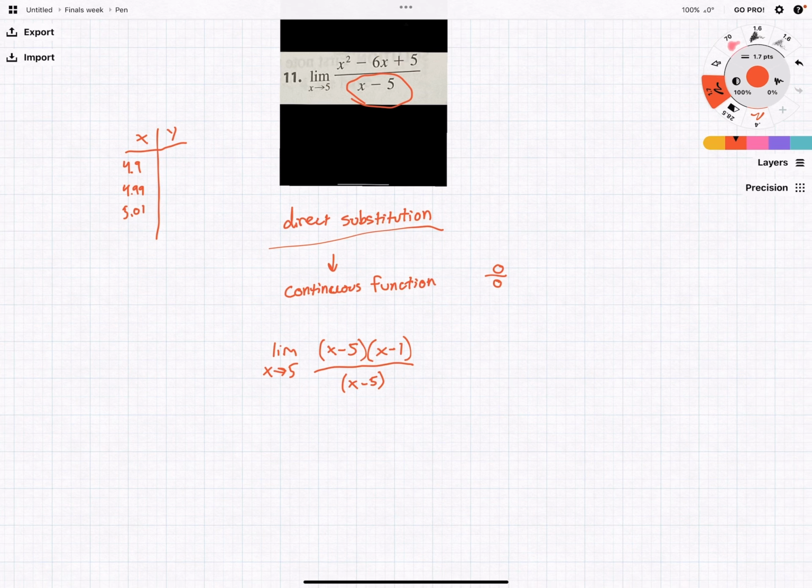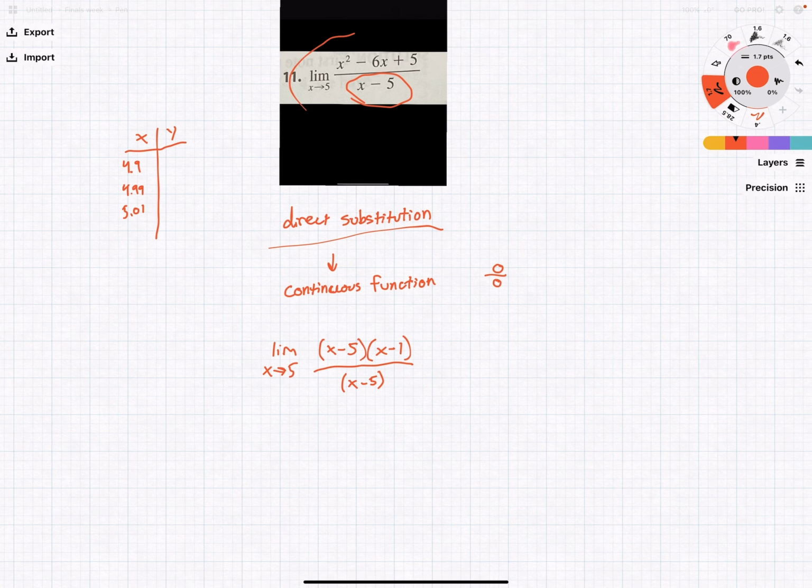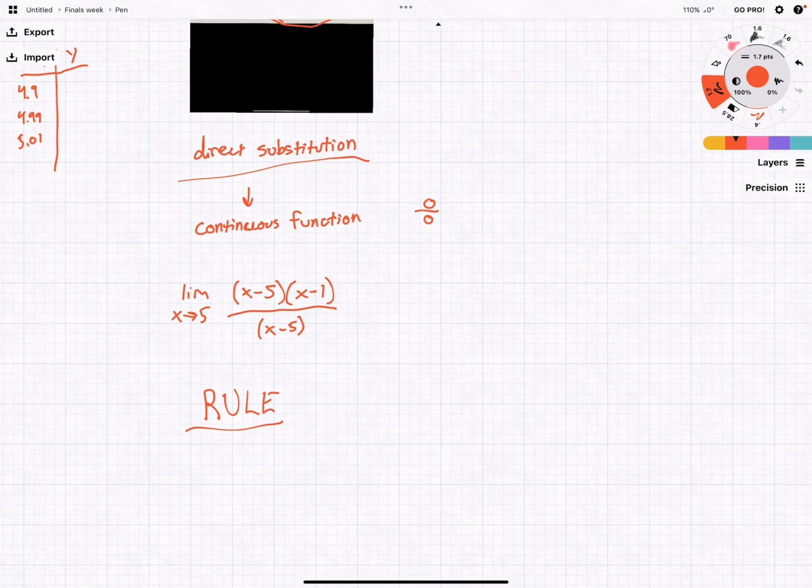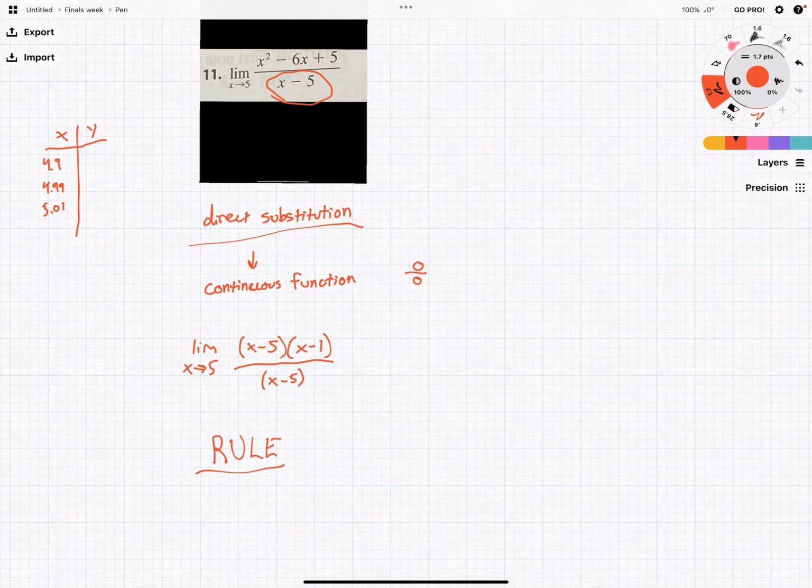A function such as this one, this x squared minus 6x plus 5 all over x minus 5, this is our function, and the function is a rule, okay? We're not technically just changing the function and calling it a day. What we're doing is we are modifying it using algebra in order to help understand, well, what happens around x equals 5.